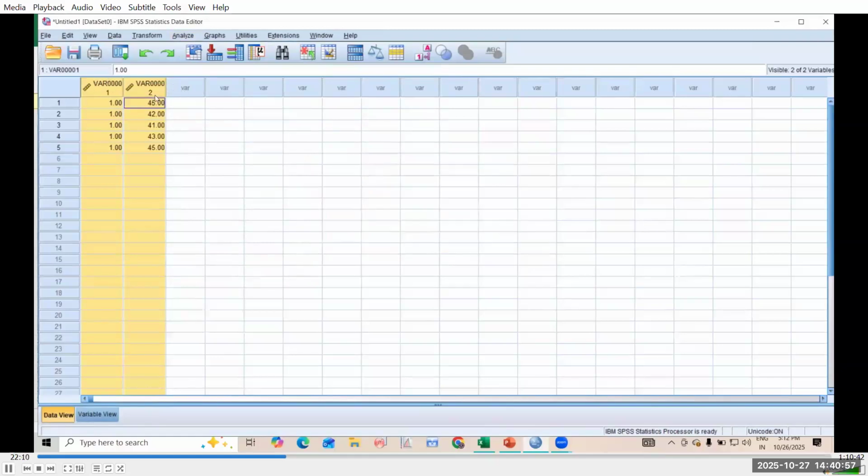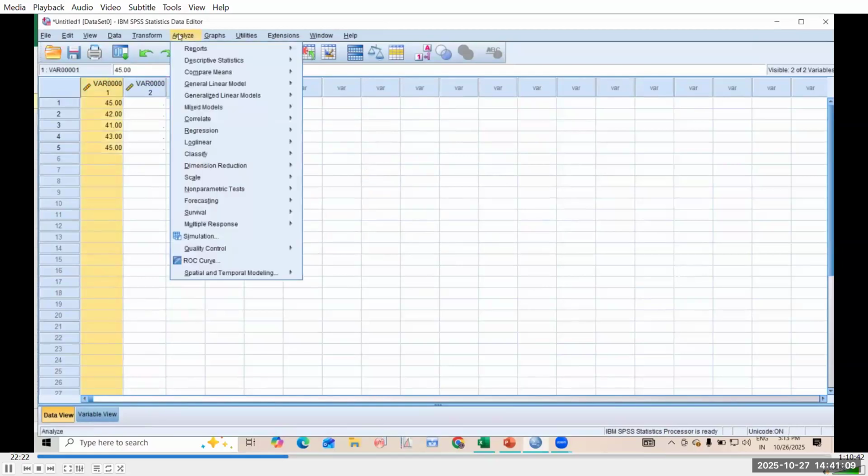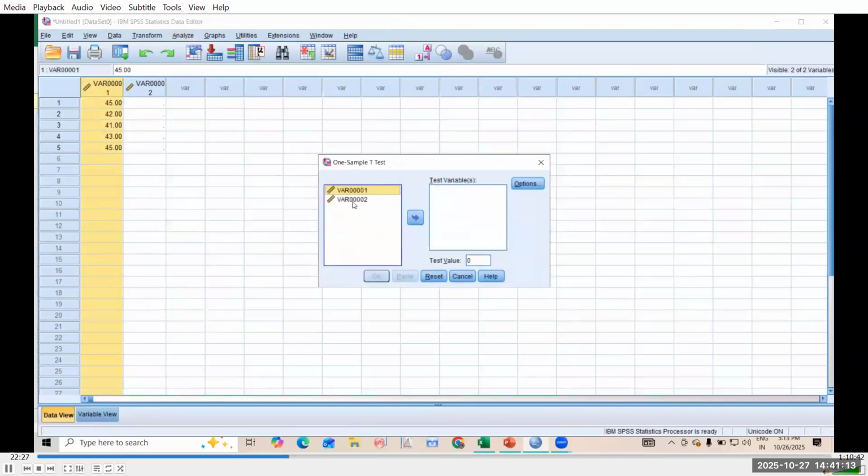Let's just delete that first variable because we have only one data, so it's better to put it in variable 1. Just click Compare Means, one sample t-test. This will be the test variable. The test value means the hypothesized value.